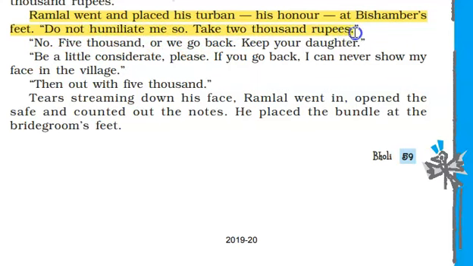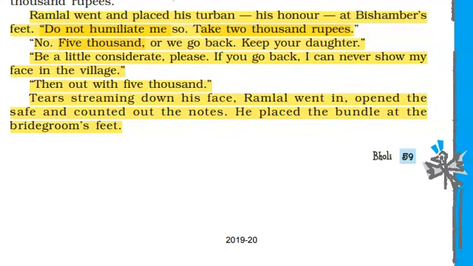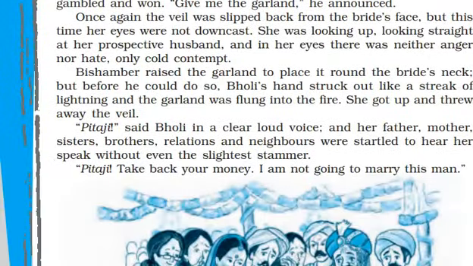So here Vishwambar is demanding 5,000 rupees in dowry, but Voli's father is ready to give 2,000. So you begin reading from here, but the main question is, how did she face this greed? So you start reading from here, and the main answer should be taken from this part.